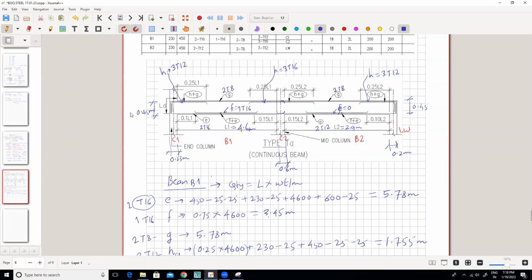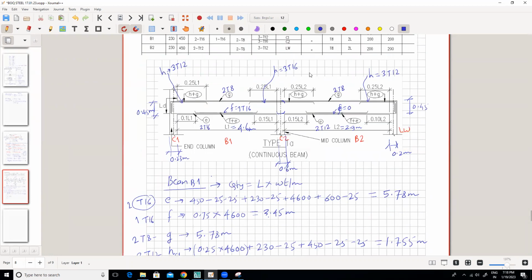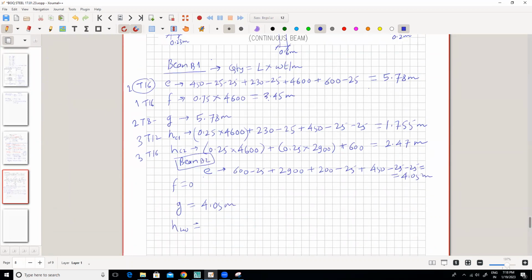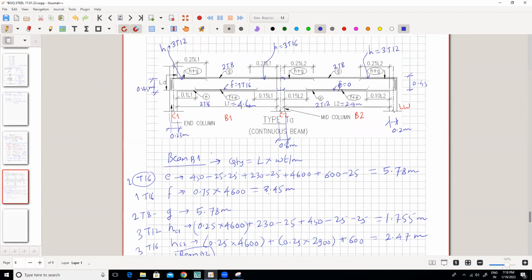And what else is pending? H on lift wall. So it will be 0.25 L2. L2 is how much? 2900 plus. See, this 0.25 L2 is still the face of the column plus this bar, which is going inside.